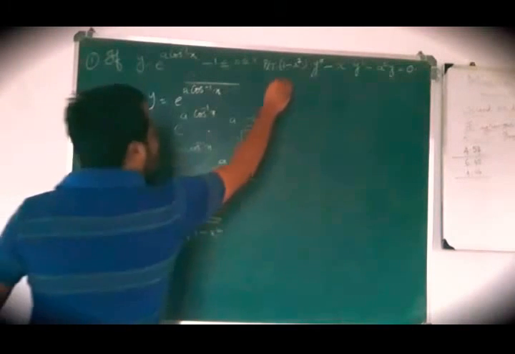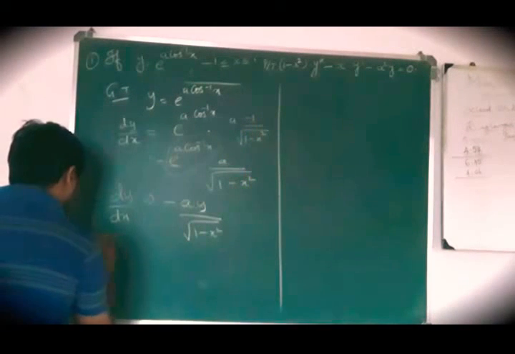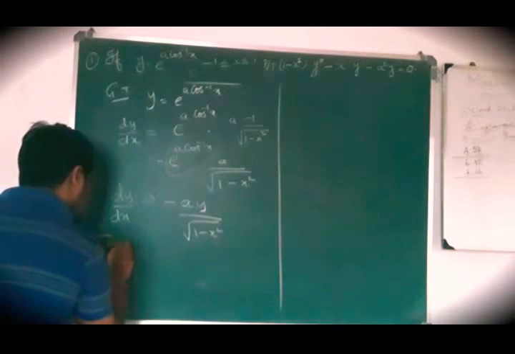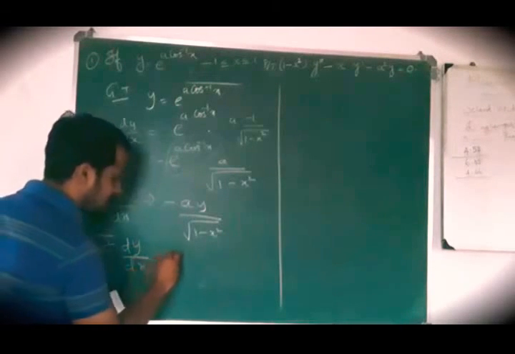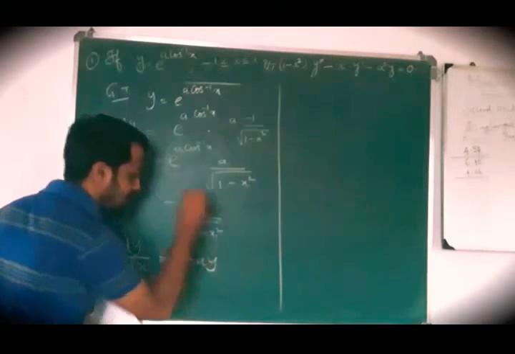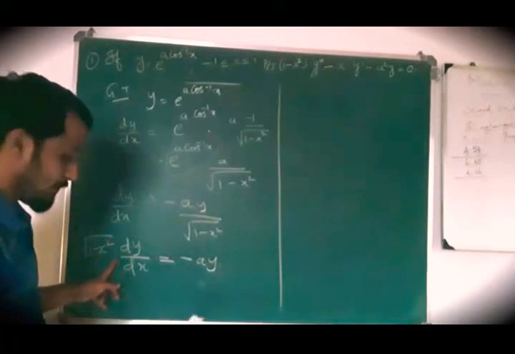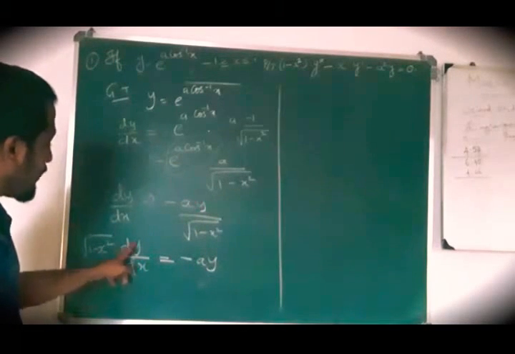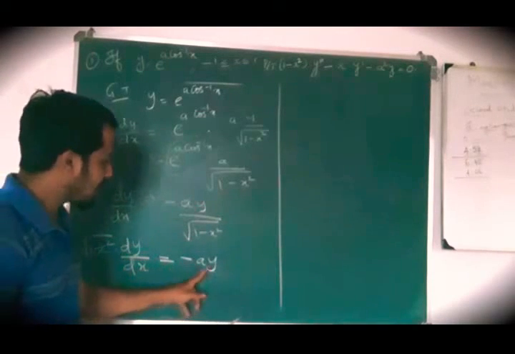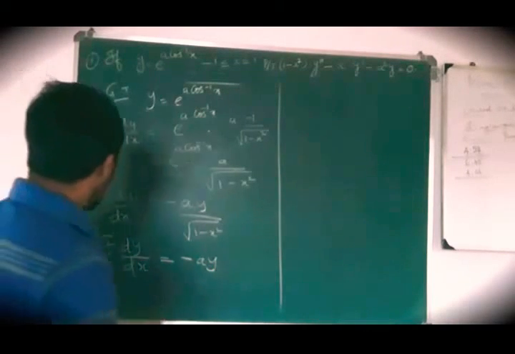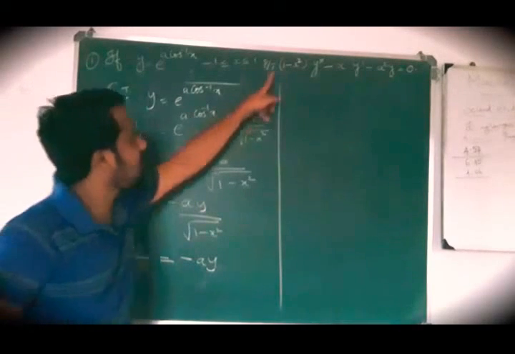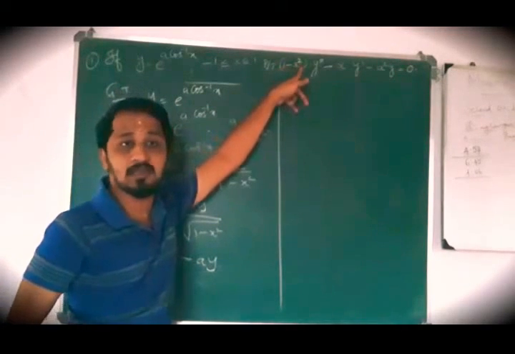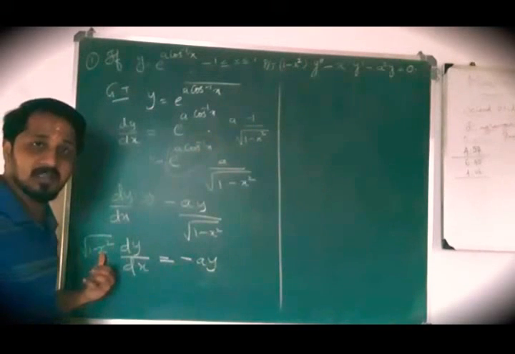Now I am going to multiply root of 1 minus x square on the left hand side, that is root of 1 minus x square into dy by dx is equal to minus ay. In order to eliminate this square root, compare with the equation here: 1 minus x square is there, but here root of 1 minus x square is there.